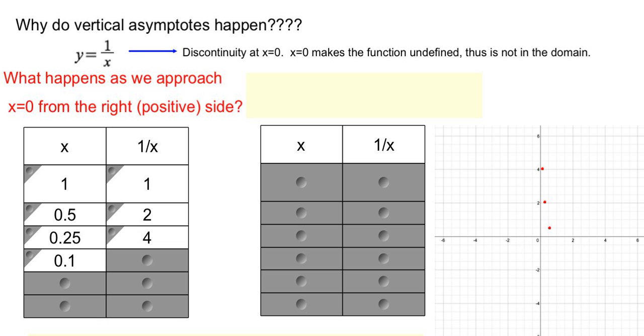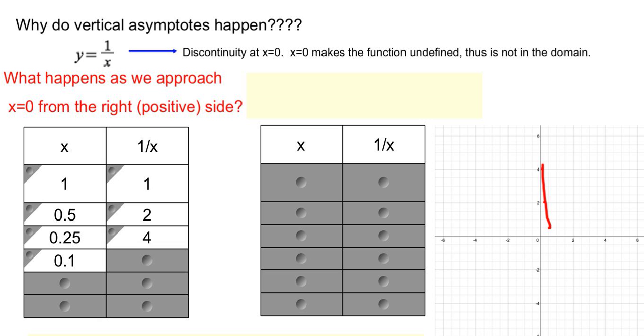And of course, this is not a discrete function. It is continuous everywhere except for at x equals 0. So everything in between needs to be connected as well. So it's getting closer and closer, but it's never going to touch x equals 0, because if it did, that would mean that there is a y value there, but there's not.